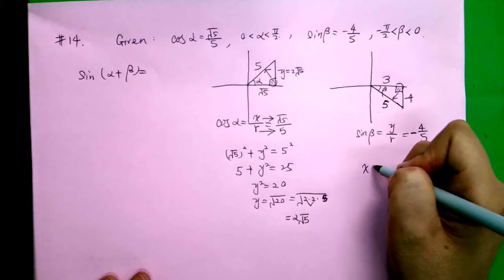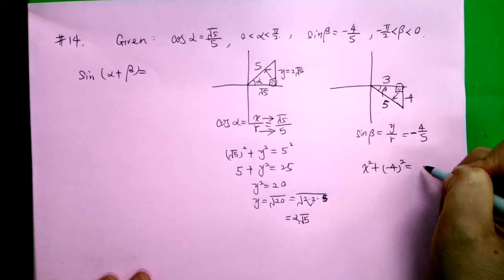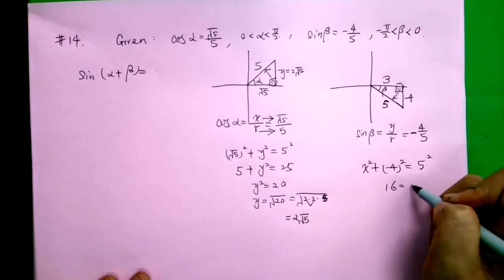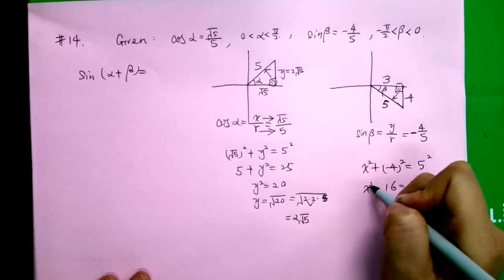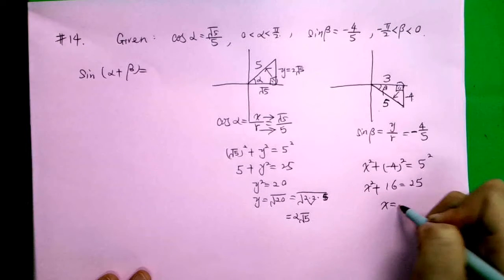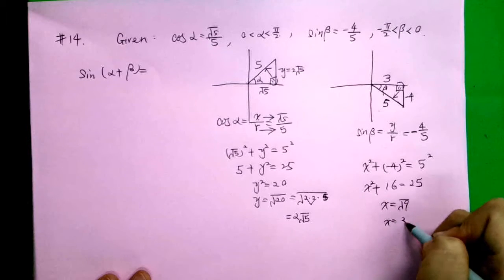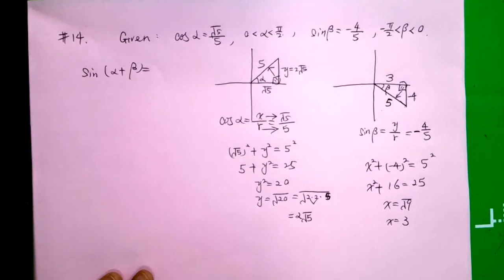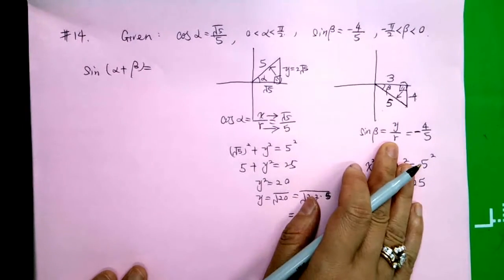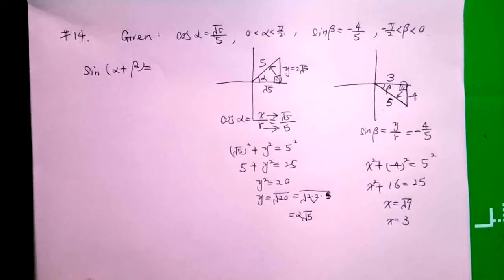Because you will have x squared plus negative 4 squared equals 5 squared. That gives you x squared plus 16 equals 25. x equals the square root of 9, which is x equals 3. However you want to solve. All right, we labeled the triangle. That's the first thing we want to do. Now all we need to do is plug back into the equation.